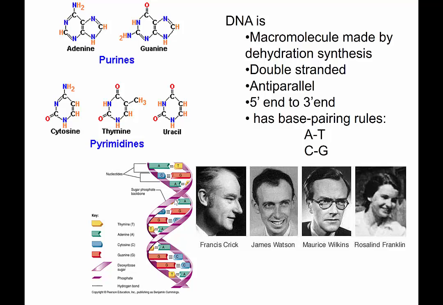So all four of these individuals should be credited for the DNA structure, or at least deciphering it and figuring it out. Sadly, Rosalind Franklin died 4 years prior to the group receiving the Nobel Prize in science for the discovery of this DNA structure. And the Nobel Prize cannot go to someone who's dead. But we definitely need to give credit to all 4 individuals for this, not just Watson and Crick.